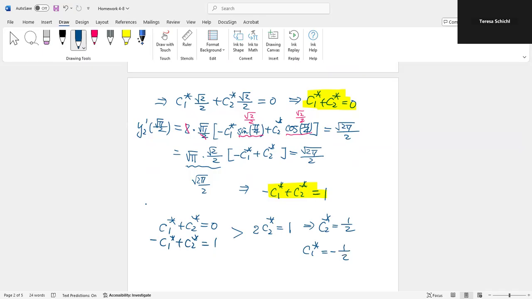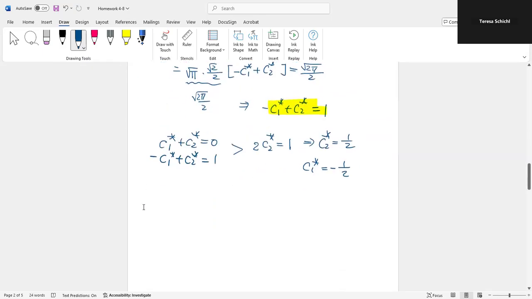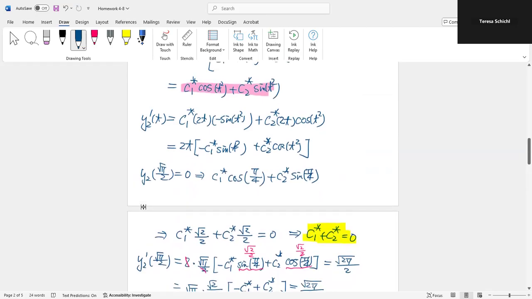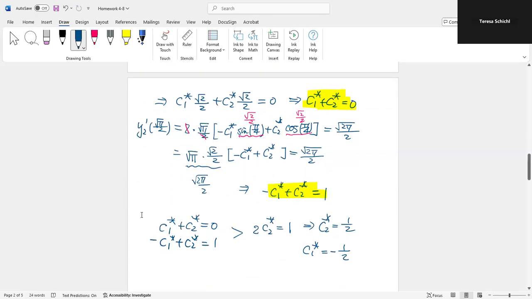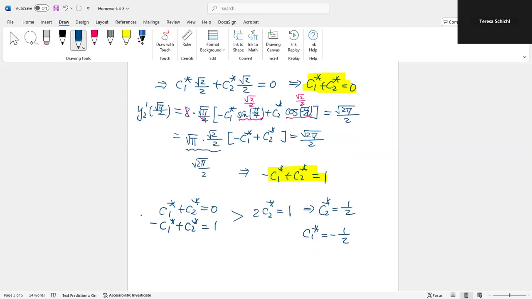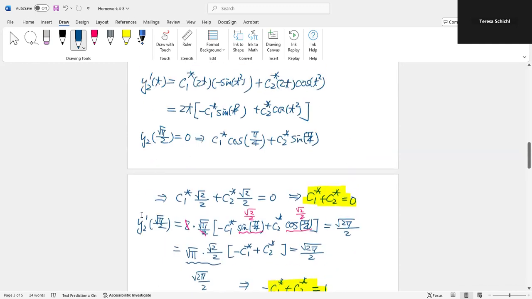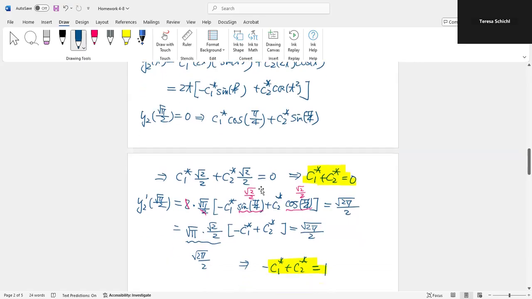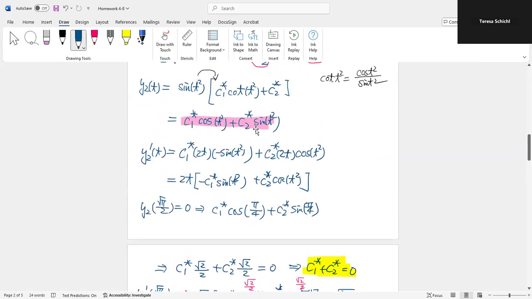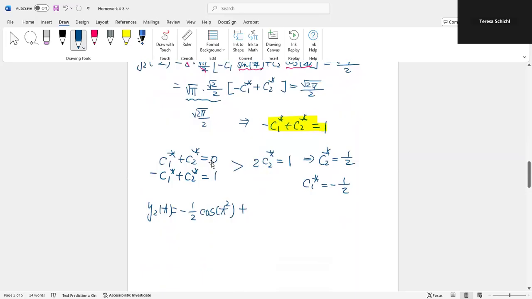Now that I have this, I can substitute into my final answer. My y2 of t is going to be negative 1/2 cosine t squared plus C2 star, which is 1/2, sine t squared.